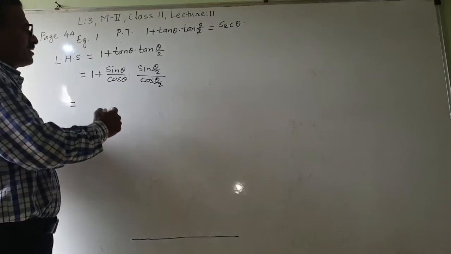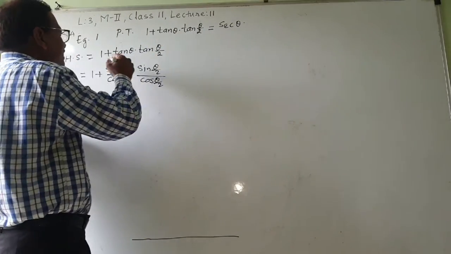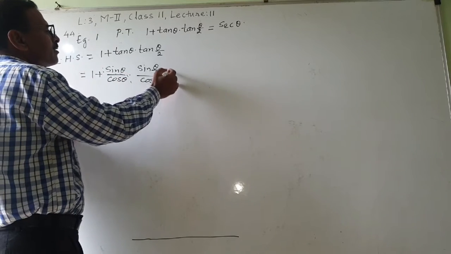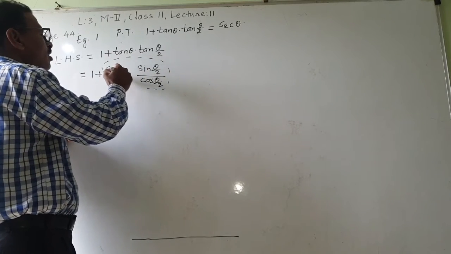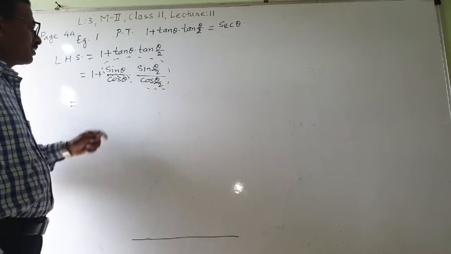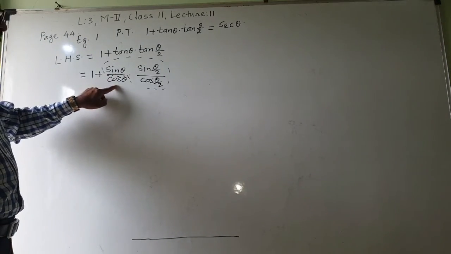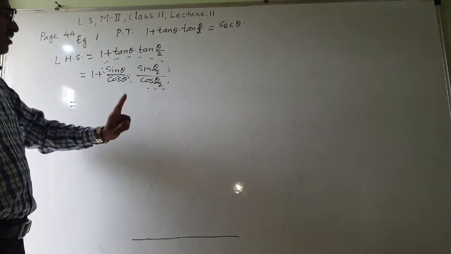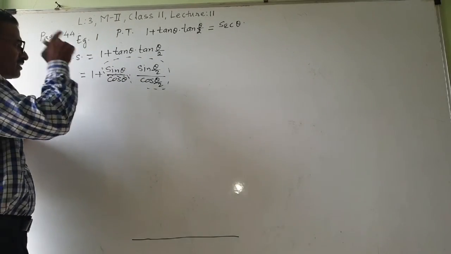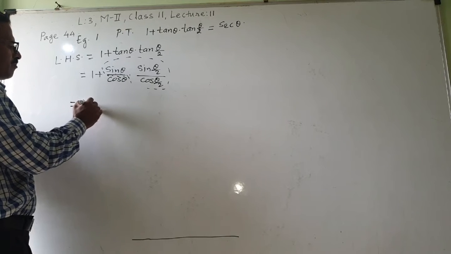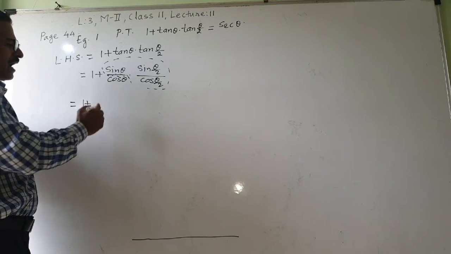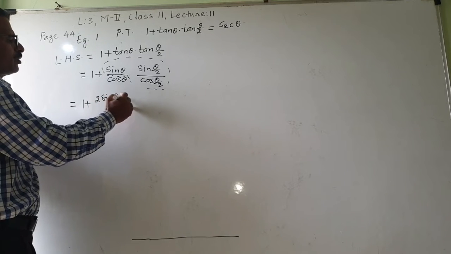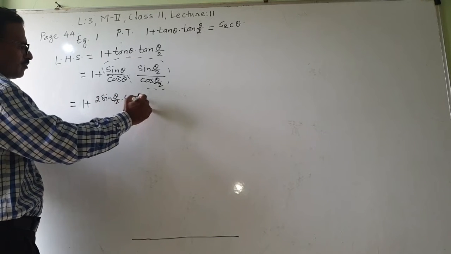What I want is sec theta. Sec theta means 1 upon cos theta. This much part I don't want. This part I want, 1 upon cos theta I want. This I don't want. So for this I will use the formula 1 plus sin theta is equal to 2 sin theta by 2 into cos of theta by 2.